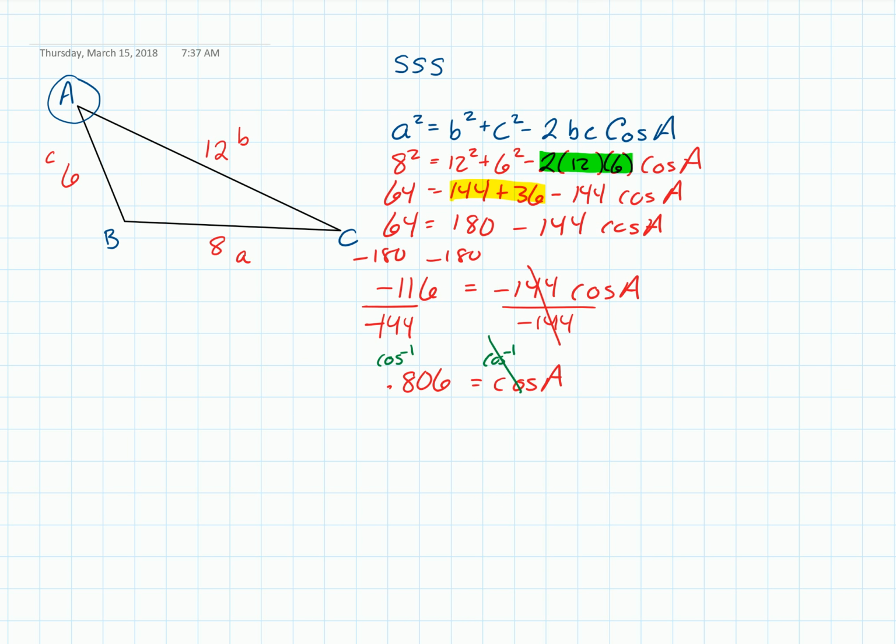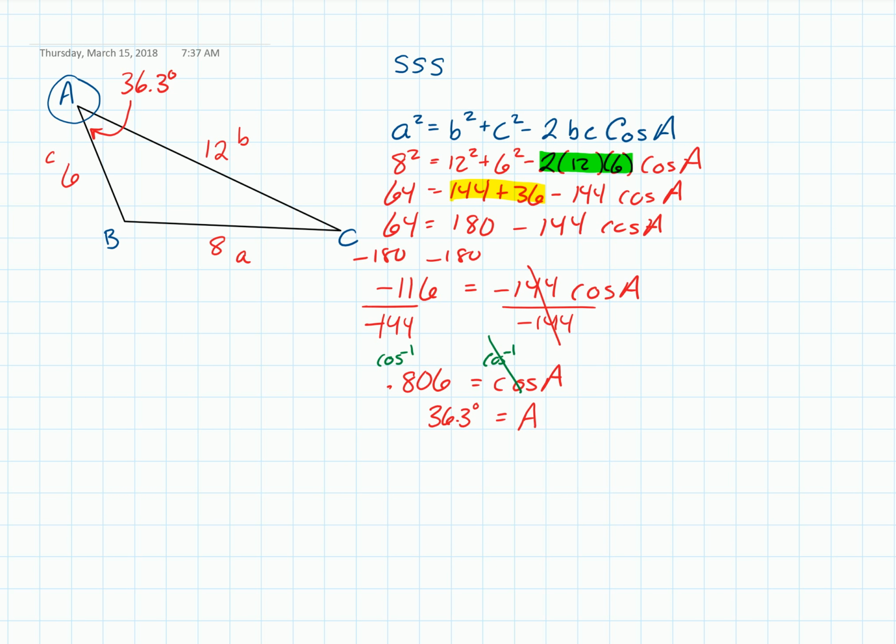And our final answer will be A is equal to the inverse cosine of 0.806, which is about, if you round, 36.3 degrees. So I have here that angle A is 36.3 degrees.